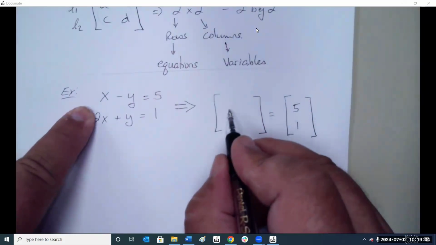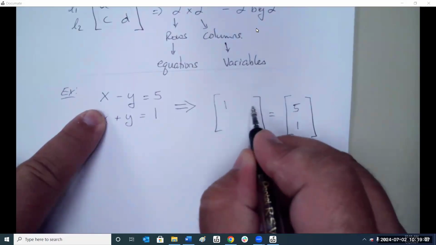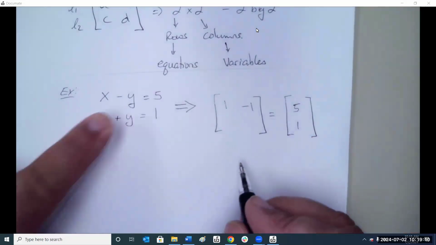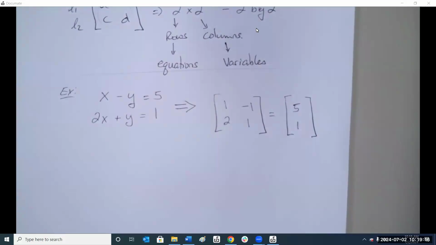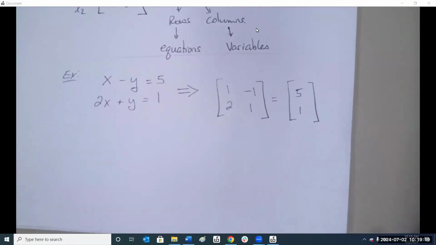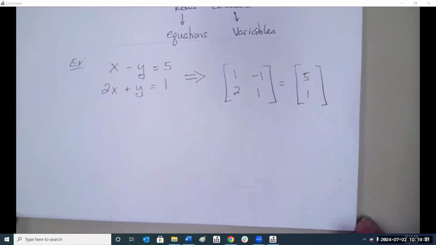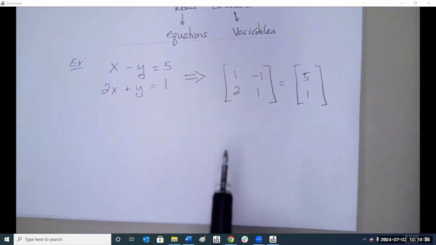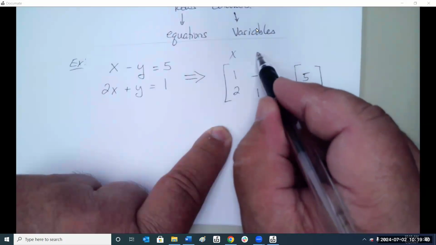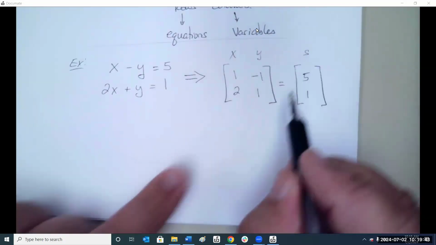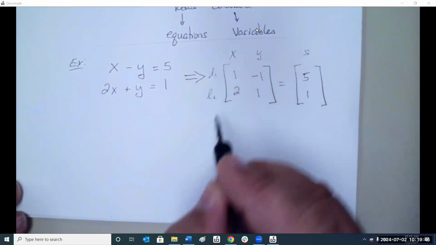In the first line, the X coefficient is 1, and the other one is negative 1. The second row, 2 and positive 1. So that's how we convert a system of equations into matrices. We know this is the x variable, this is the y, and this is the solution. This is equation 1 and line 2.